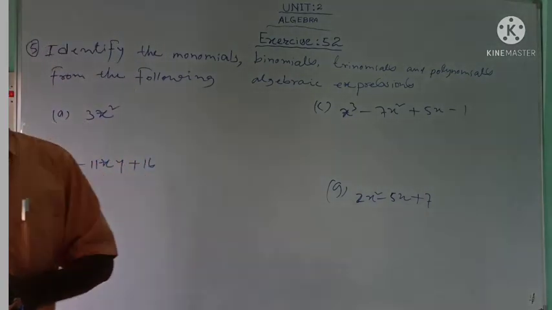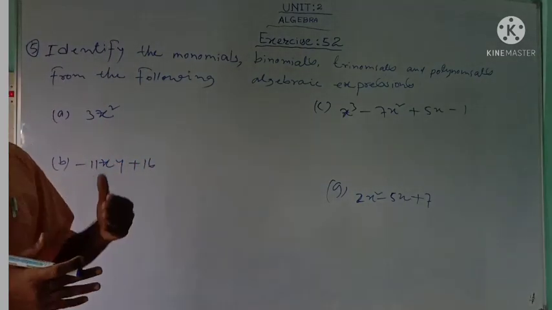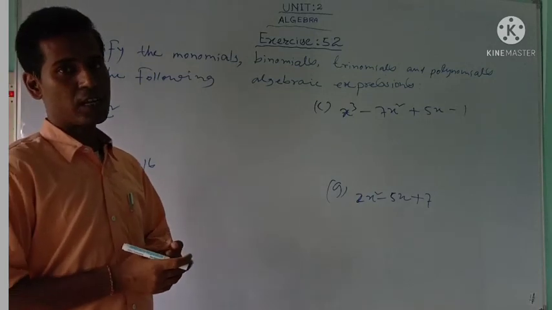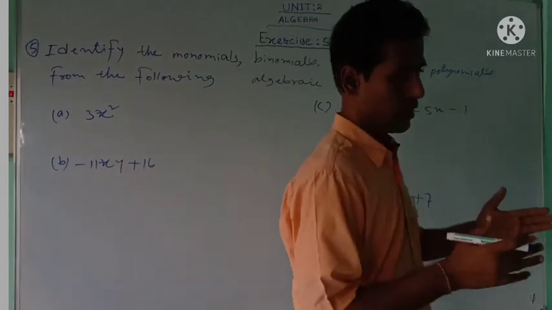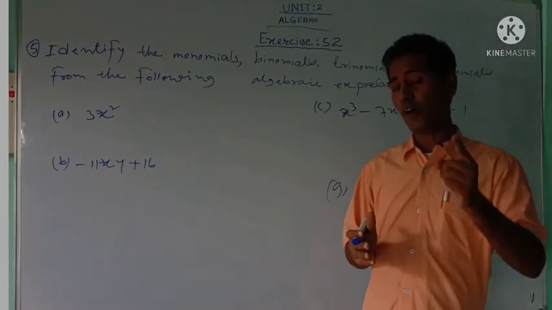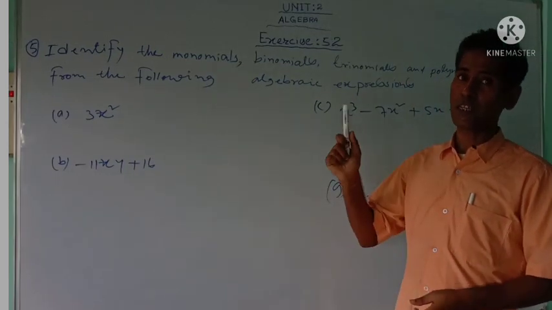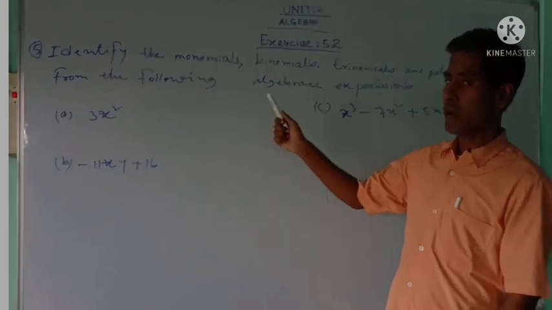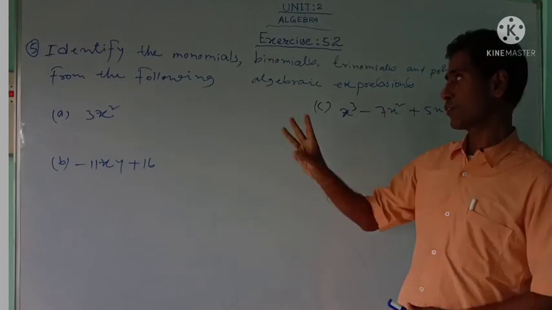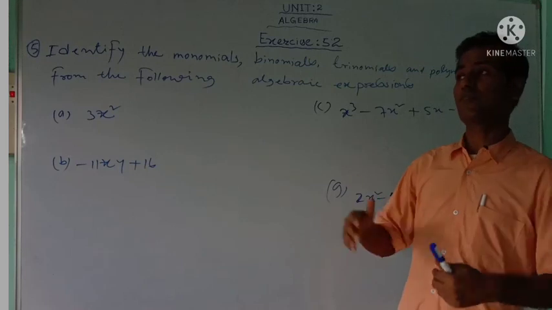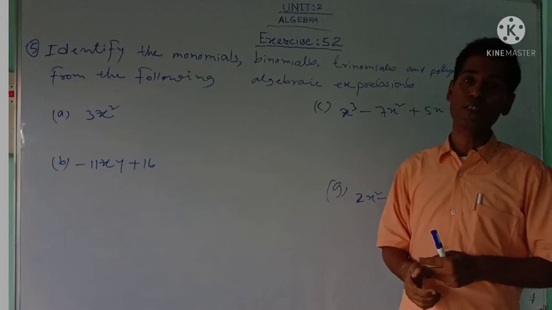Mono means 1, so an algebraic expression that consists of only one term is called a monomial. If an expression has two terms, we call it a binomial. Bi means 2. If it has 3 terms, we call it a trinomial. And if it has more than 3 terms, any number of terms, we call it a polynomial.